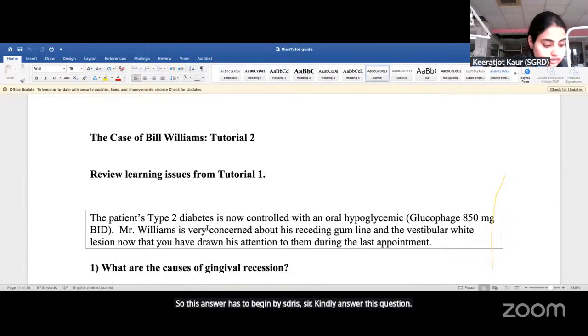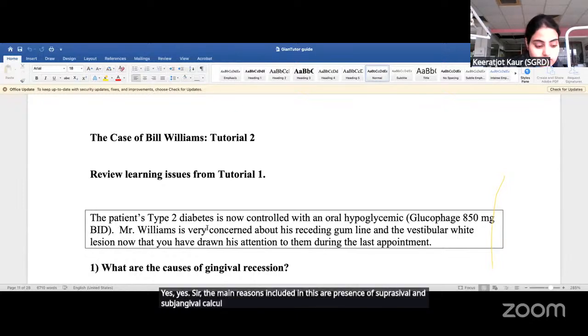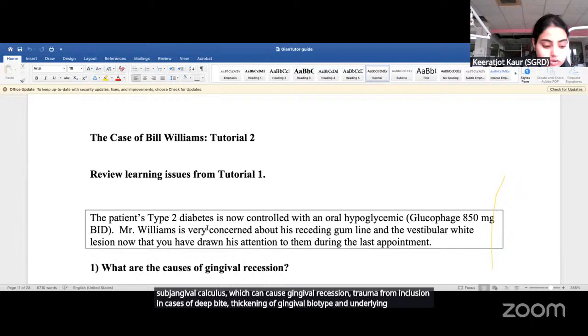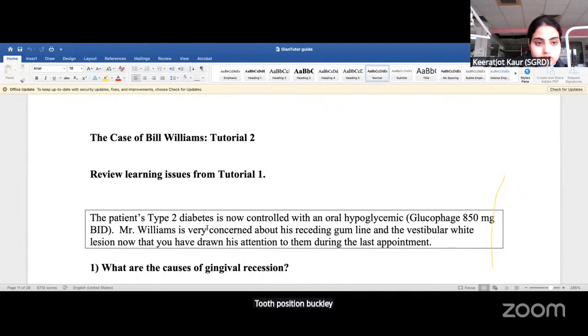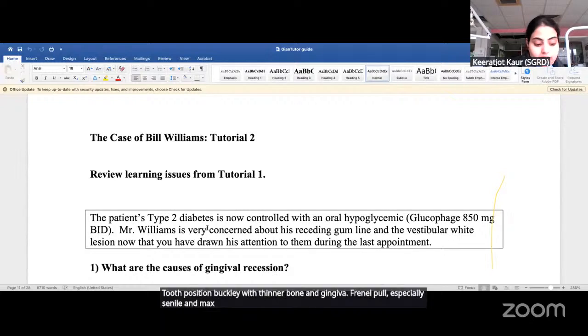The main reasons are presence of supragingival and subgingival calculus, which can cause gingival recession; trauma from occlusion in cases of deep bite; thin gingival biotype and underlying bone; tooth position buccally with thinner bone and gingiva; frenal pull, especially seen in the maxillary arch; use of a hard toothbrush, which leads to mechanical trauma; tooth movement due to orthodontic forces; and improperly designed partial dentures.